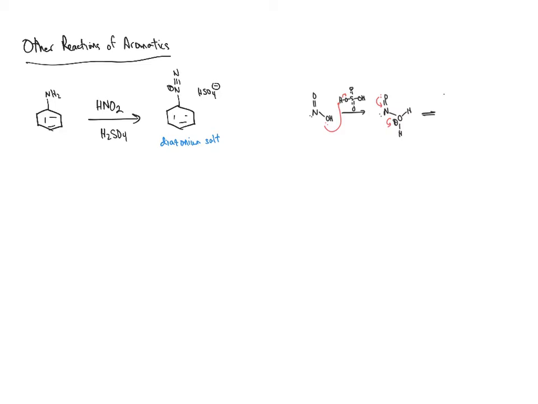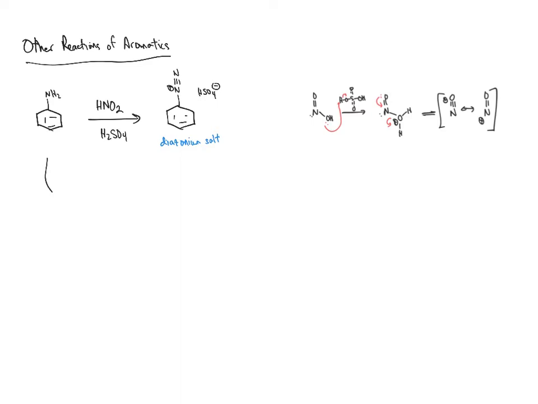This nitrosonium ion has two resonance forms. You've got a nitrogen triple bonded to oxygen with a positive charge on oxygen, and then the other resonance form has a positive charge on nitrogen without an octet.